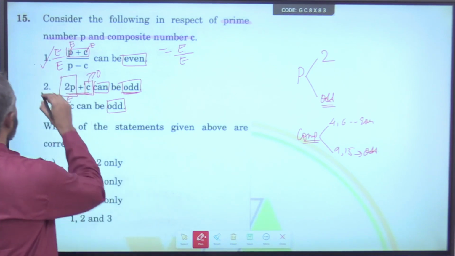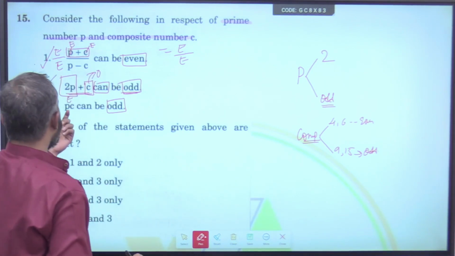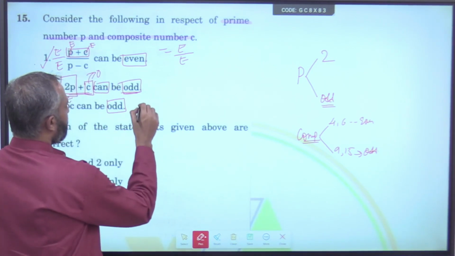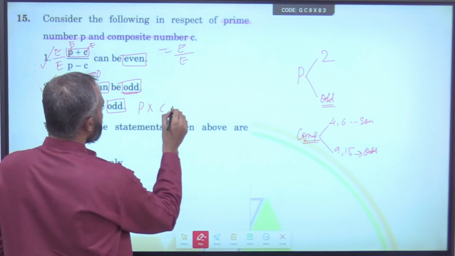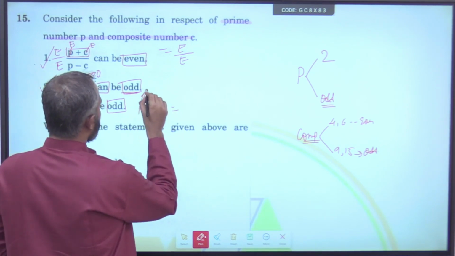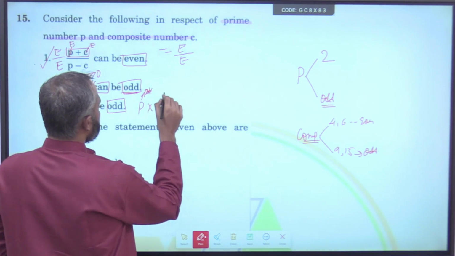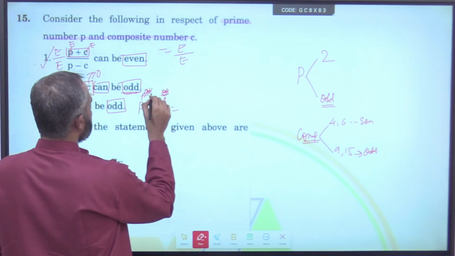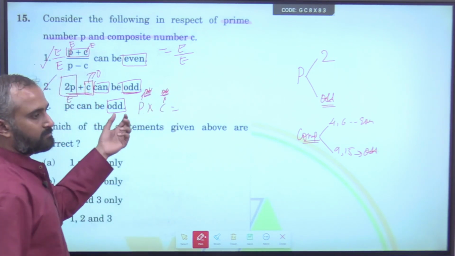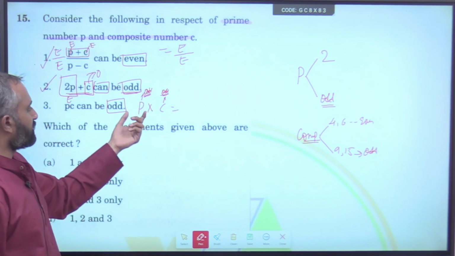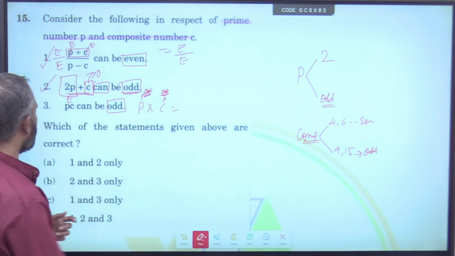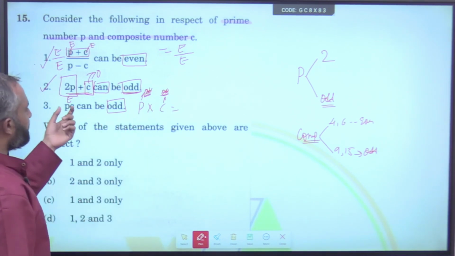So, this is true. And PC can be odd. For a multiplication to be odd, both the constituents have to be odd. So, do we get an odd prime?